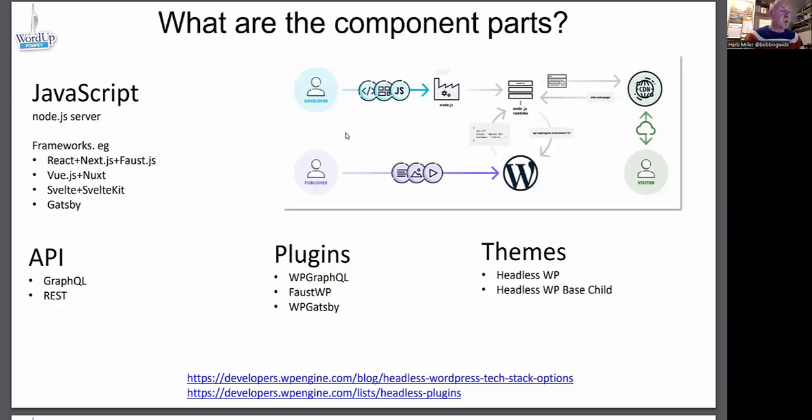These bits of JavaScript, whenever they need to talk to WordPress, will use some application programming interfaces, and there are two popular ones. The REST API is built into WordPress, and this will provide all the data for whatever you're looking for, a post or a page or some custom post type or a user or other things.